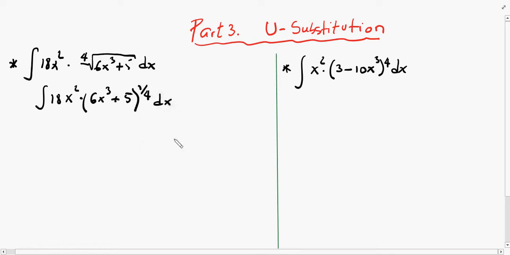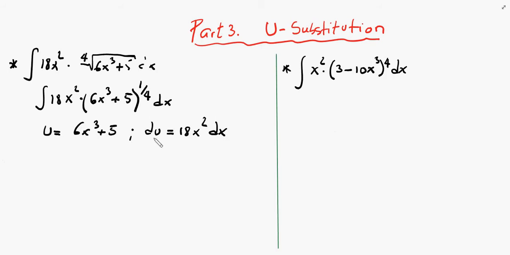Now we can use the u substitution to change the variable. So let us consider u as 6x to the power of 3 plus 5. Computing its derivative gives us 18x to the power of 2 dx, right?